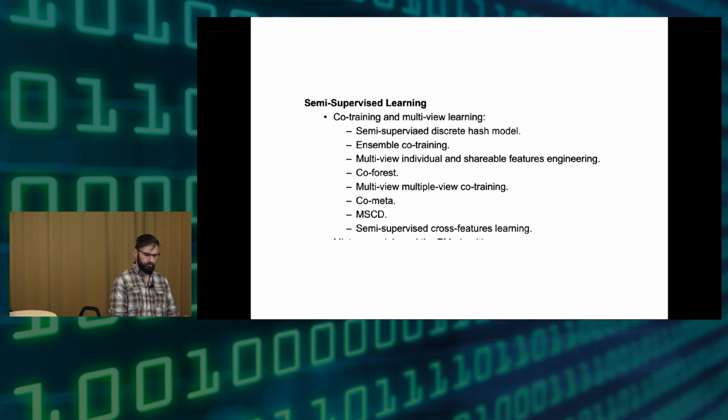Maybe you can look at the instance using some features, and there's another way to look at it using different features, and so on. We found some algorithms that were popular here: semi-supervised discrete hash models, ensemble co-training, multiview individual and shareable features engineering, co-forest, multiview co-training, and among others, a lot of them.